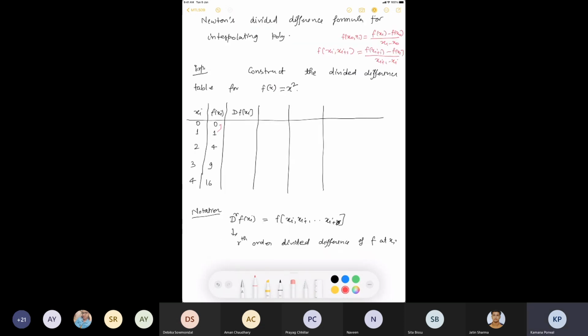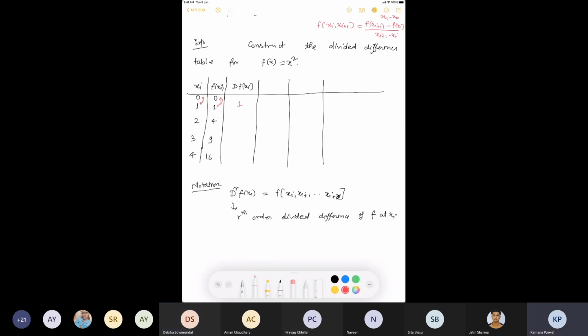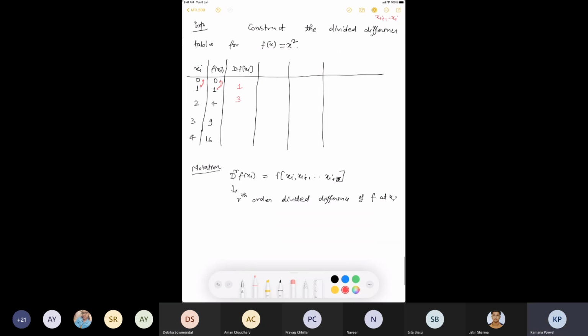So basically, I have to take the difference of two consecutive entries and then the difference of the two consecutive nodes and then take a division of that. That is, this difference is divided by this difference. So what I will get: 1 minus 0, 1 divided by 1 minus 0. So this is going to be 1. And then 4 minus 1, 3 divided by 2 minus 1. So this will be 3. And then 5, then 7.